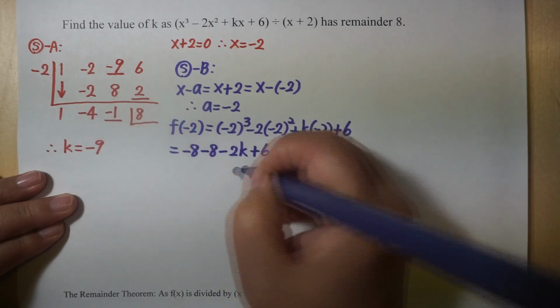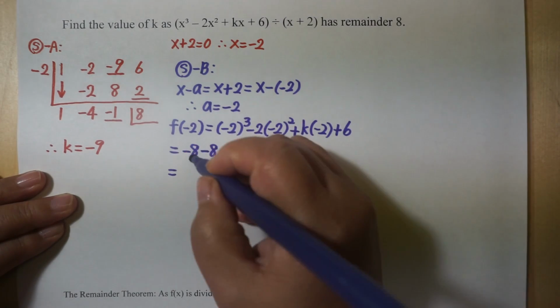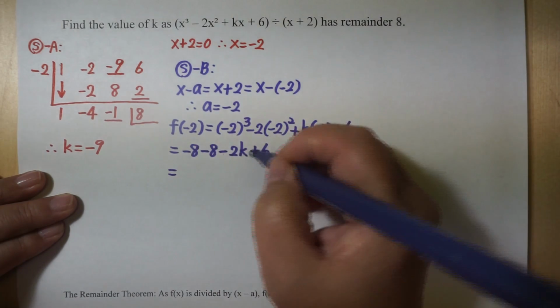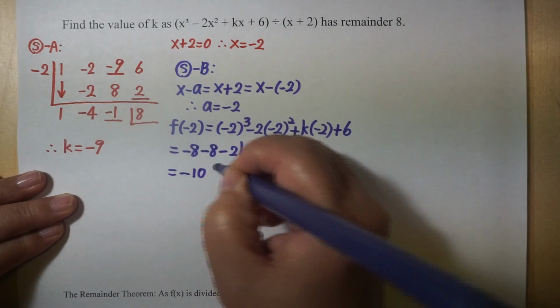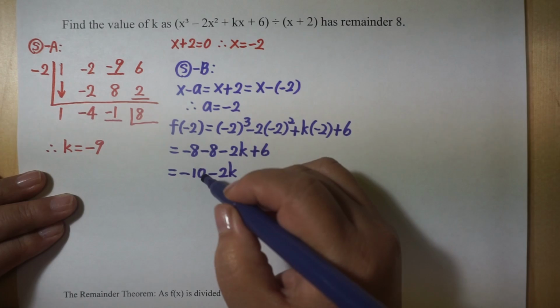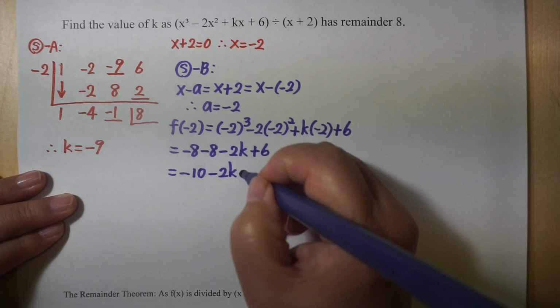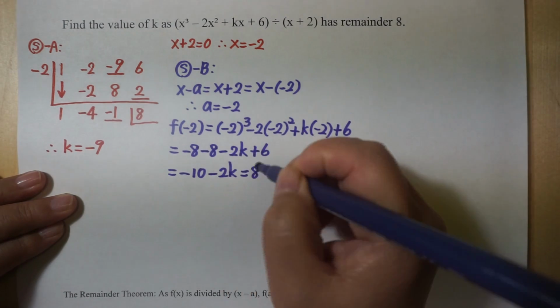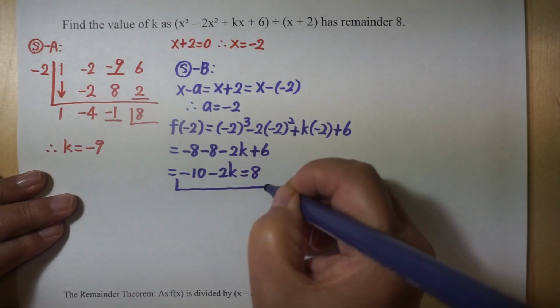Negative 8 minus 8 plus 6 is negative 10, and minus 2k, and this is actually the remainder 8.